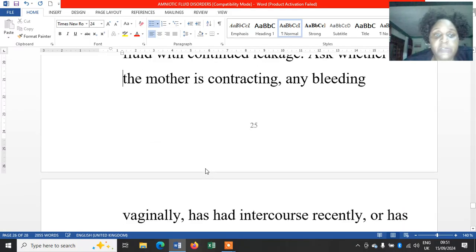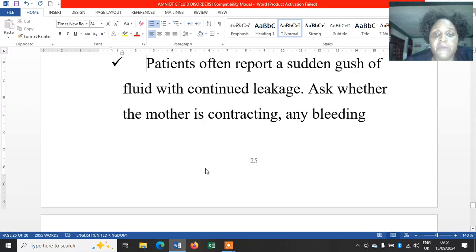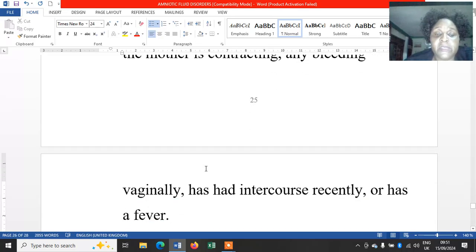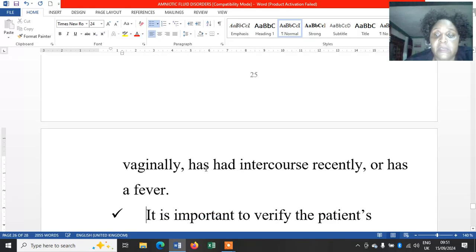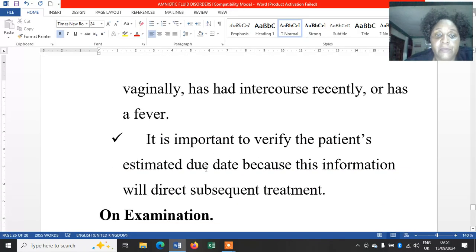So on history taking, the mother will report a sudden gush of fluid with continuing leakage. So you go ahead to ask whether the mother is contracting or the gush of water is associated with any bleeding. And we can also ask about a history of sexual intercourse or even fever.